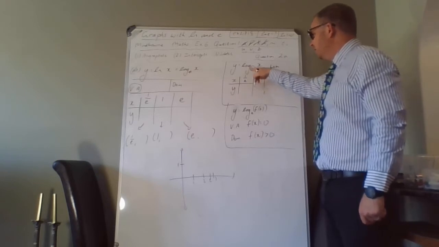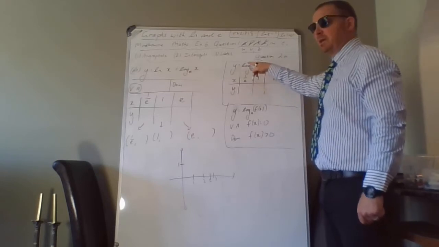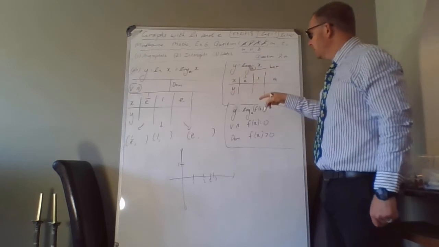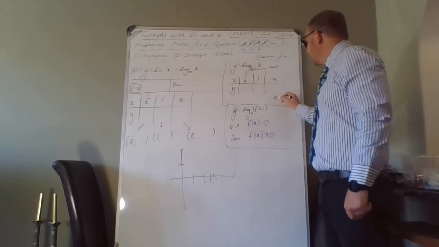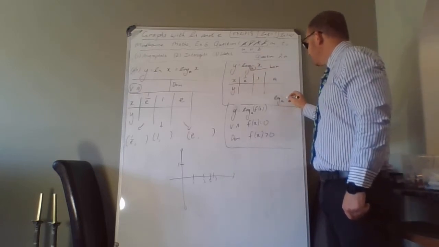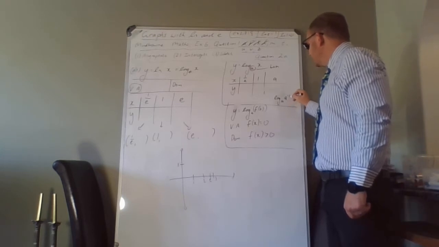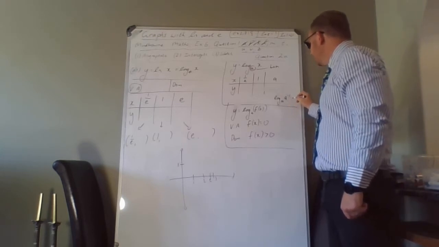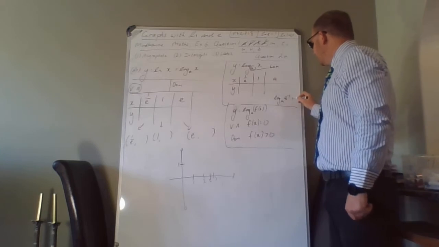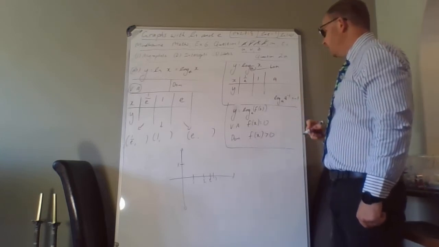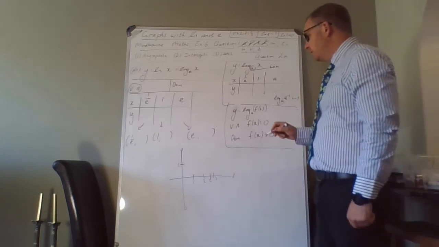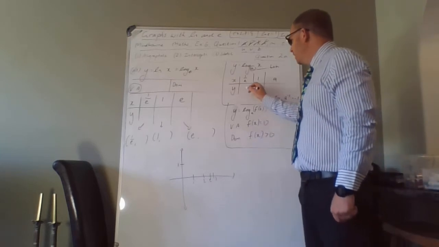And the reason why is if you've got log base a of 1 over a, it becomes log a of a to the negative 1, which is simply going to be negative 1 times log a of a, which is going to be negative 1. So I'm going to have the point (1 over a, negative 1).